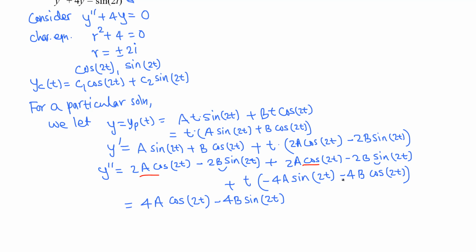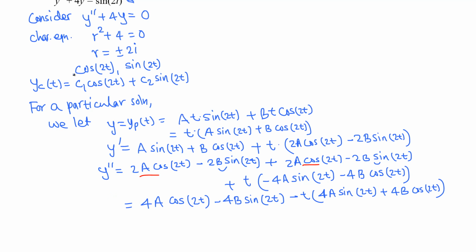And then we have the t terms: we can factor the negative outside, with t already outside. This is negative 4at sine 2t minus 4bt cosine 2t. Okay, that's y double prime.